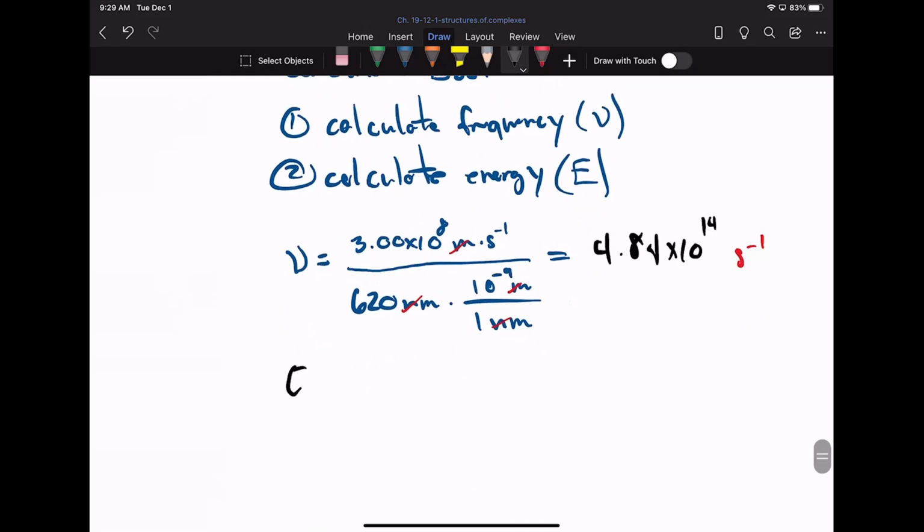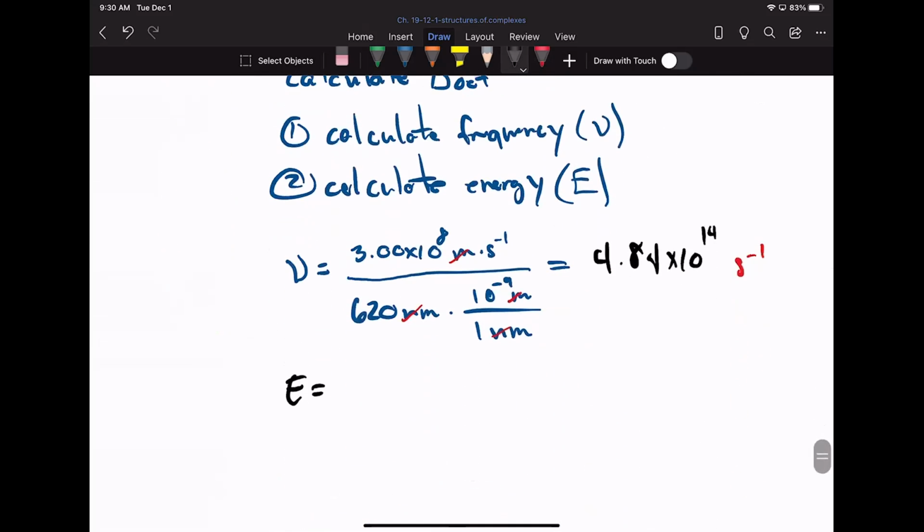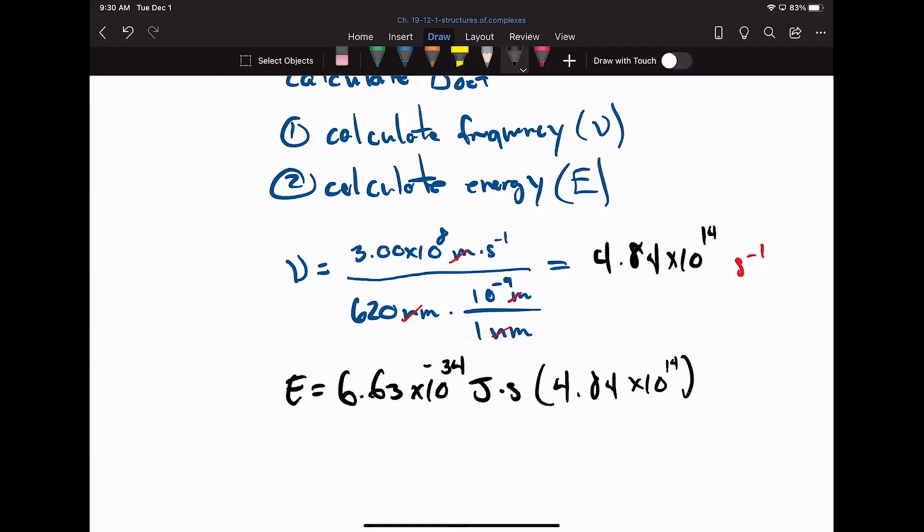So now we can use Planck's constant. This is the formula I'm using now, and I'm going to use Planck's constant, 6.63 times 10 to the -34 joule seconds, times 4.84 times 10 to the 14 per second, or hertz. Those units will cancel out, and I'm left with energy in joules.